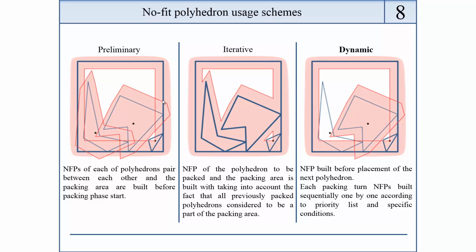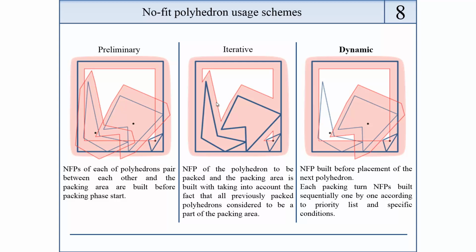On the left picture you can see a small triangle to be packed, and there are already 3 NFPs built: one for the packing area and two for already placed objects. The placement parameter coincides with the lowest concavity vertex.